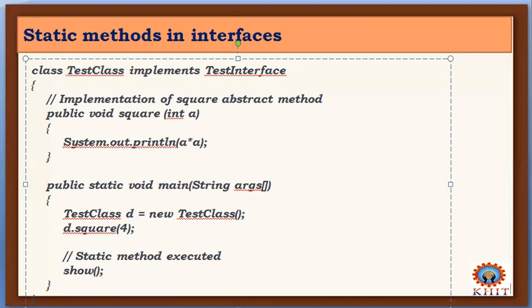Because it is already there in the interface. Since it is in the interface, we need to call it with the interface name. What is the interface name? Test interface. So that's why we need to call this with the test interface, the name of that interface, followed by dot, and then followed by the show method.